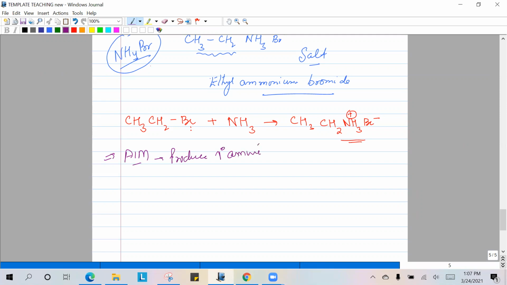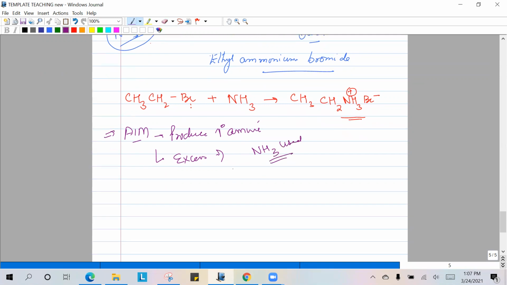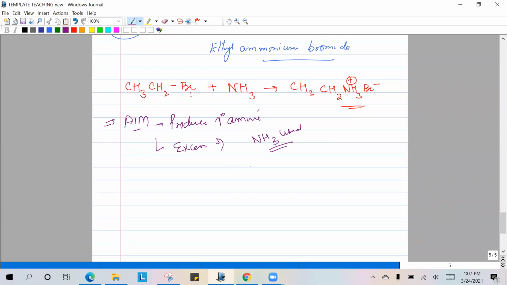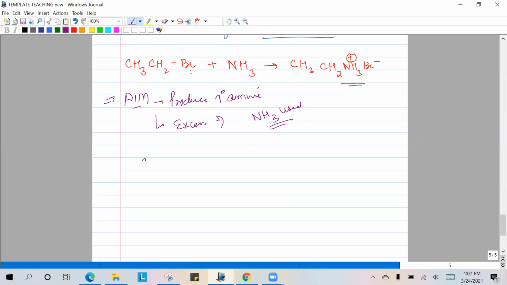That was also the reason why excess of ammonia was used. So the CH3, CH2, NH3 plus Br minus reacts further with more ammonia, and you end up with the primary amine and ammonium bromide as a salt.